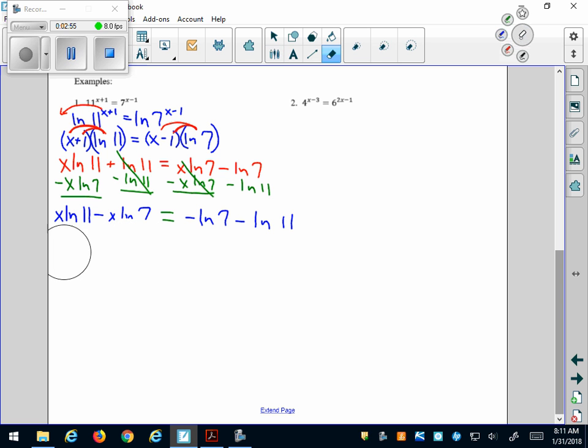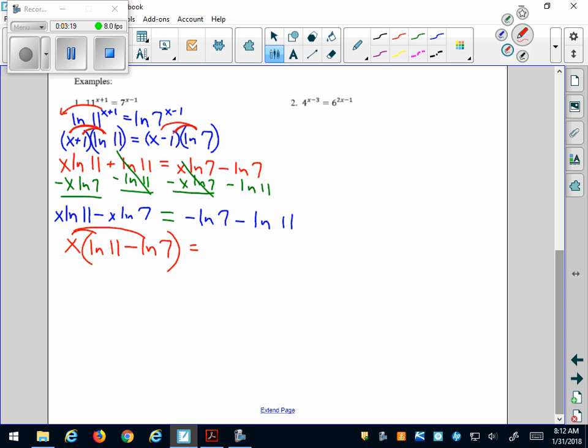So when we factor out the x term, we get x on the outside of the parentheses, and inside we'll have ln of 11 minus ln 7. Right? Factoring out the x term, remember, if we multiplied this back out, we should get the line before it.